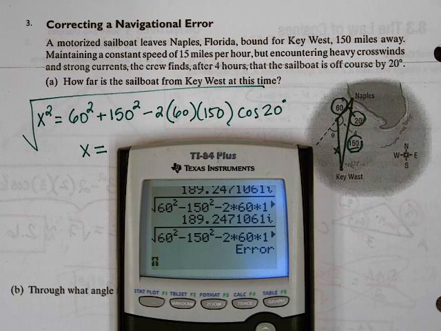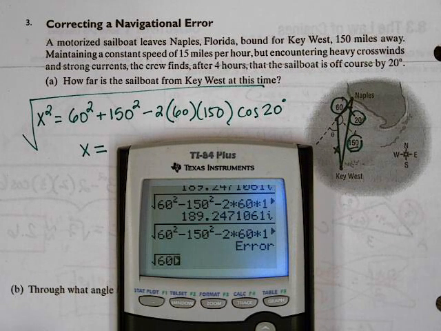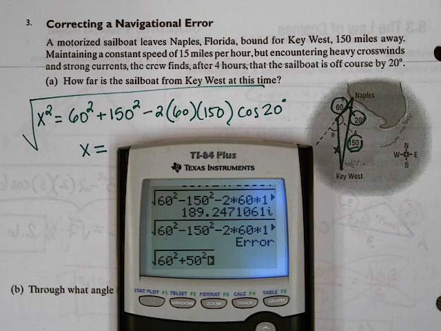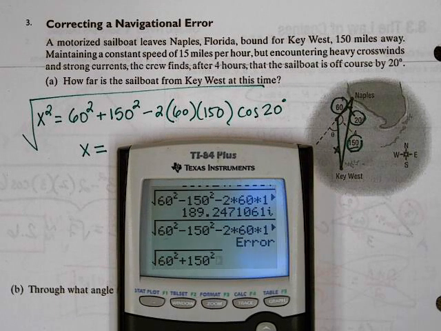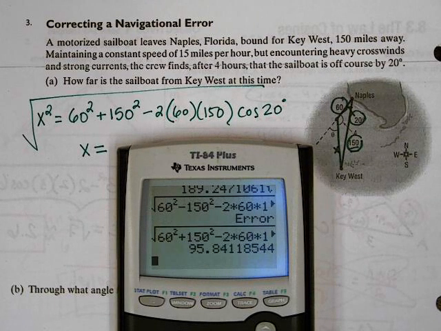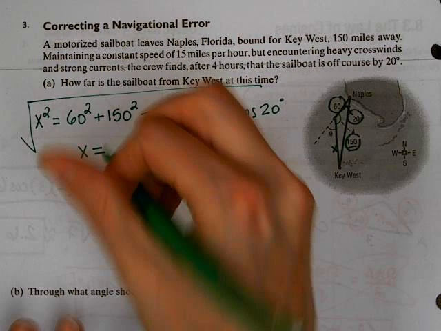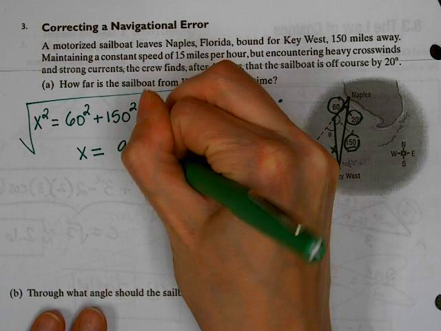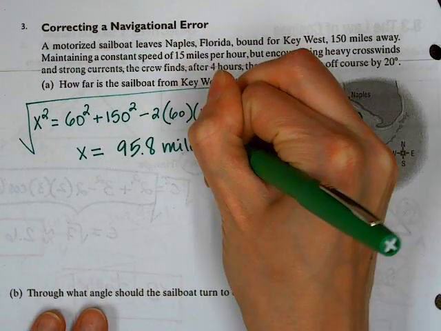So square root of 60 squared plus 150 squared minus 2 times 60 times 150 times cosine of 20. Something was weird with my calculator. You should end up getting 95.8. So x is about 95.8 miles. Sorry, calculator issues there.